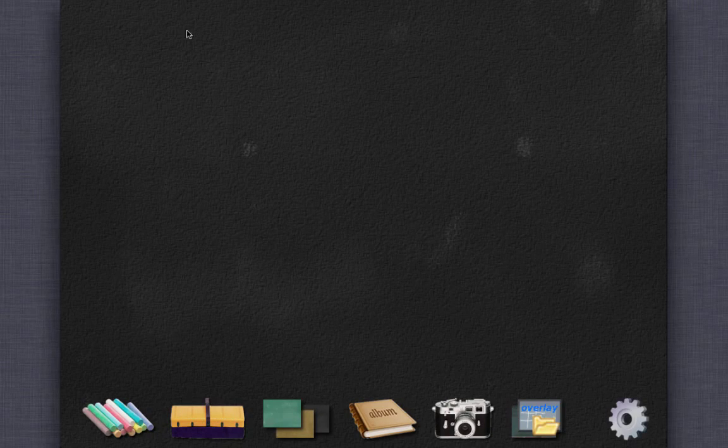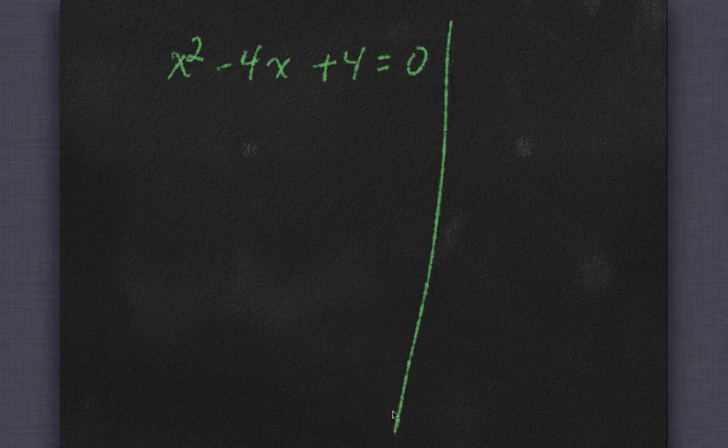The other thing this gives us though is if I have, say, x squared minus 4x plus 4 equals 0. And let's say the question is, how many real solutions are there? Because adding and subtracting that square root, if the square root is of a negative, then there are 0 real solutions because those are complex in both cases.